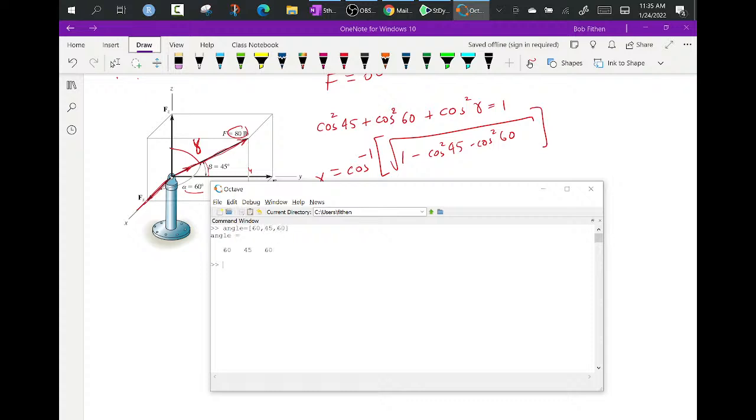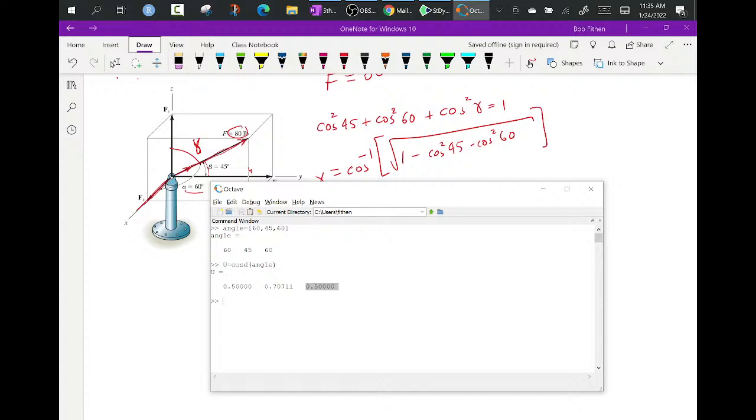Now I'm going to do something bizarre. I'm going to say my unit vector is equal to cosine in degrees of the angles. And what you'll find is the cosine of 60 is that, the cosine of 45 is this, and the cosine of 60 is again that.